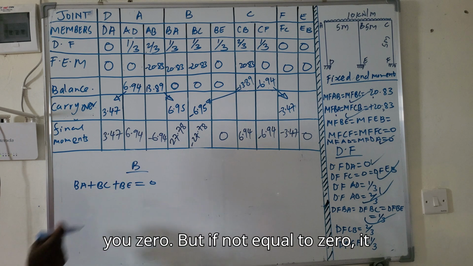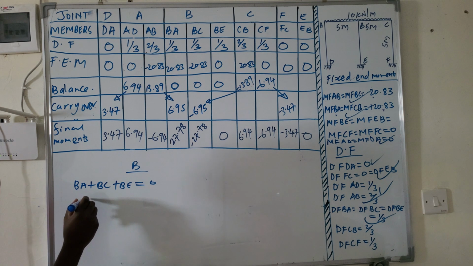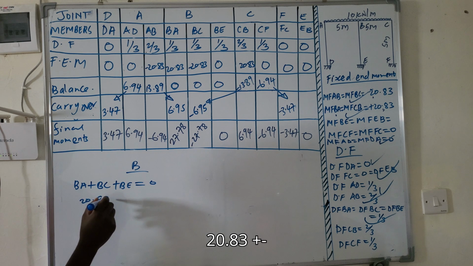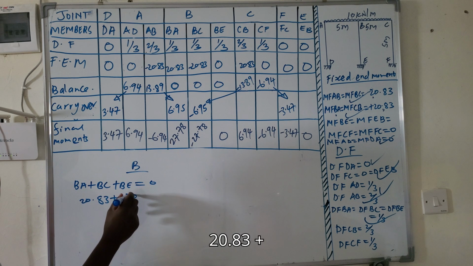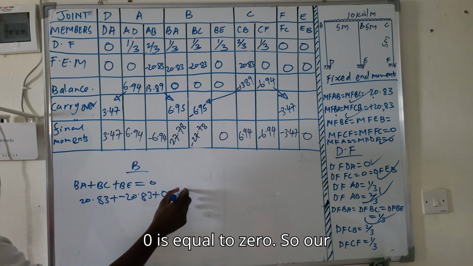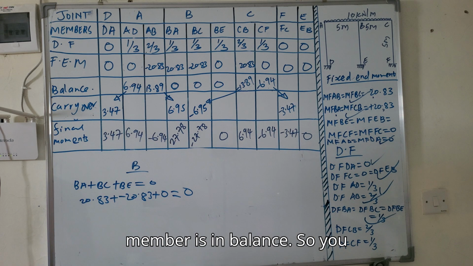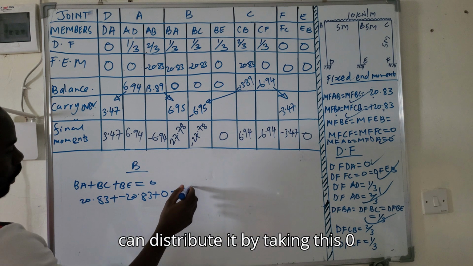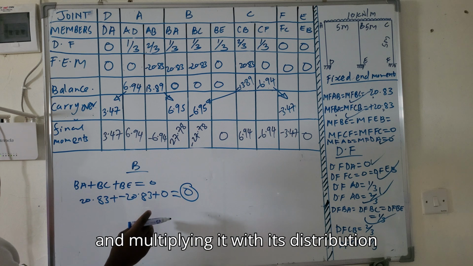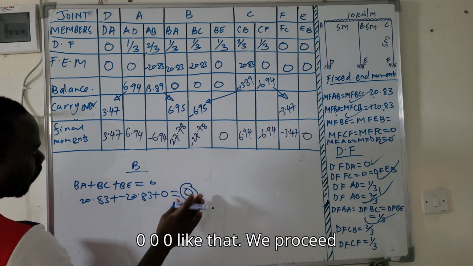But if not equal to 0, it means that joint is not in balance. So 20.83 plus minus 20.83 plus 0 is equal to 0. So our joint is in balance. So you can distribute it by taking this 0 and multiplying it with the distribution factor. It will remain 0. So 0, 0, 0, like that.